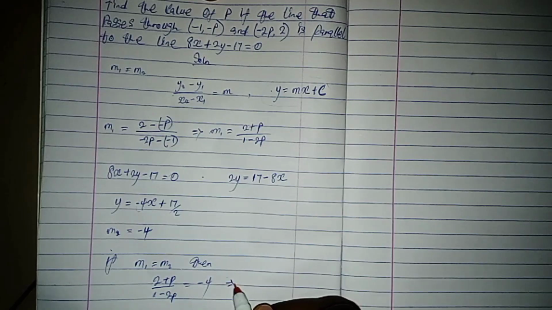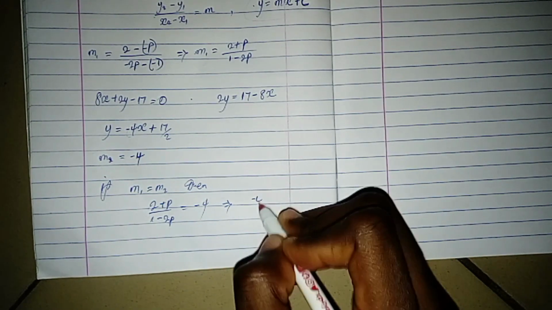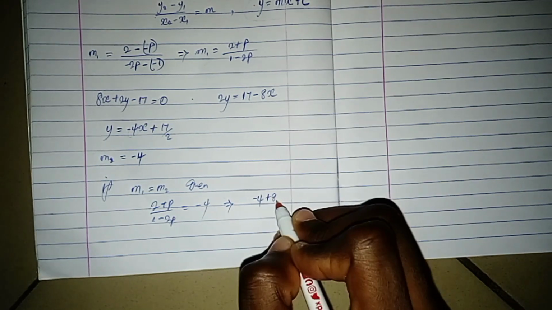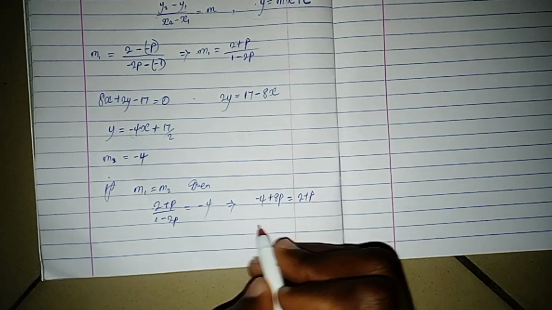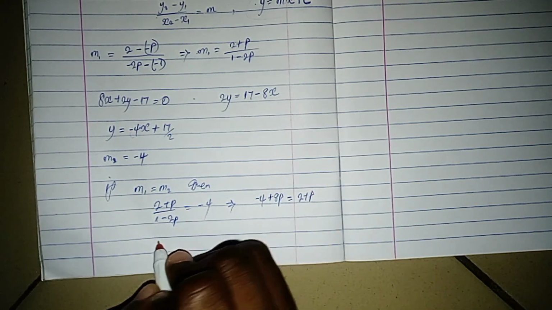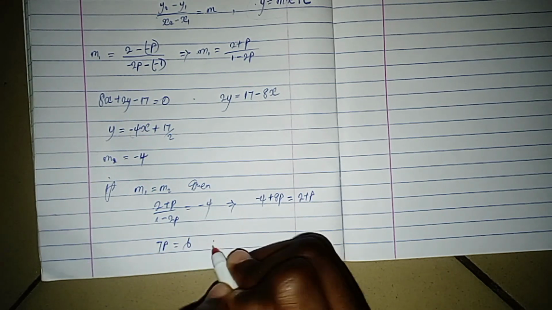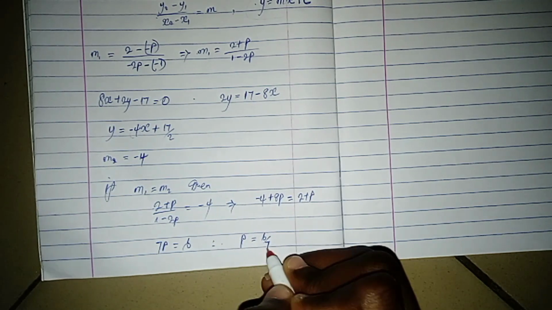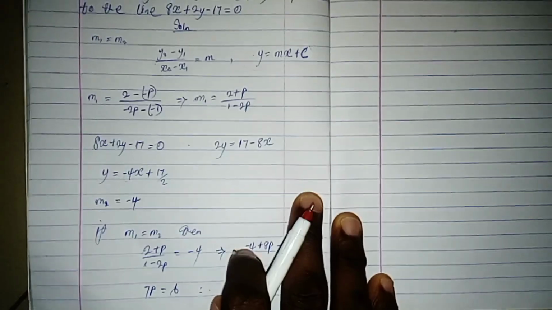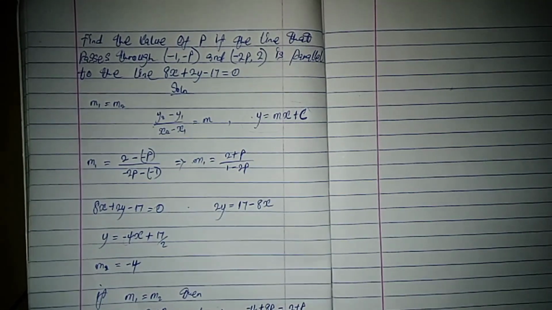So from here we have minus 4 plus 8p equals 2 plus p. So we have 7p equals 6. Then p equals 6 over 7. So p for this question is just 6 over 7.